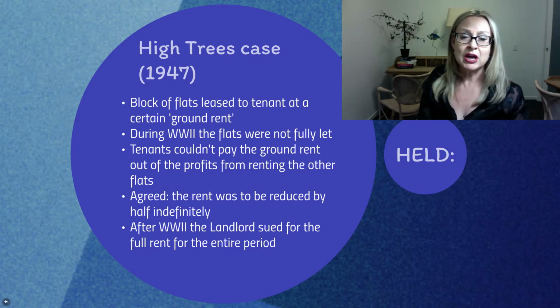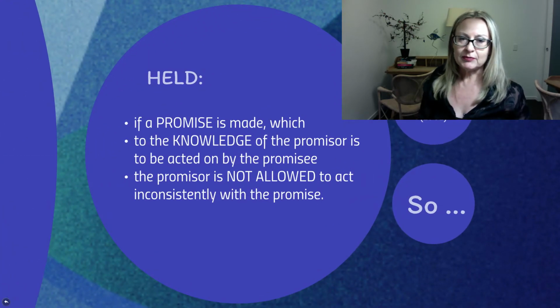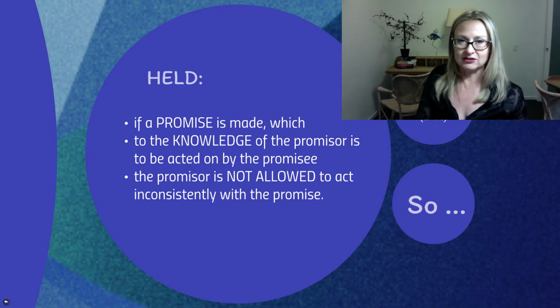So the question was, could the landlord go back and enforce their strict contractual rights despite the fact that there was this fairly serious conversation that went on between the landlord and the tenant? And the court held, not surprisingly, no, the landlord couldn't do that. So if a promise is made, which to the knowledge of the promisor is to be acted on by the promisee, the promisor can't go back and act inconsistently.